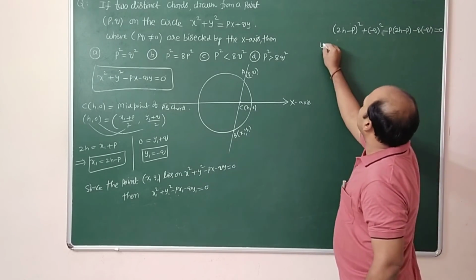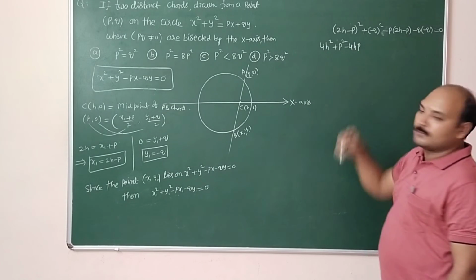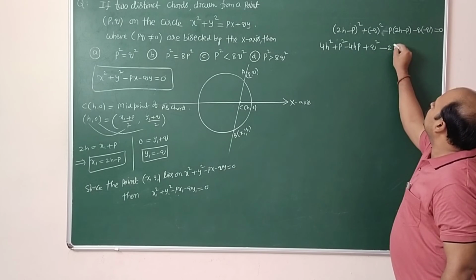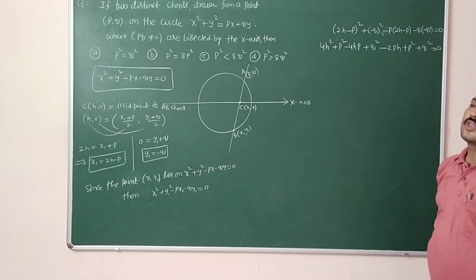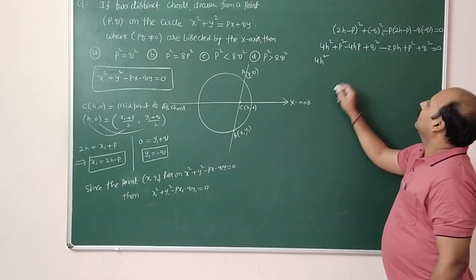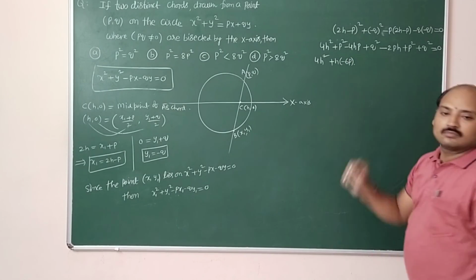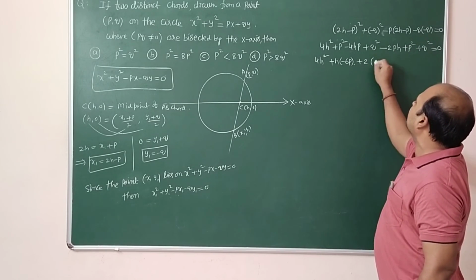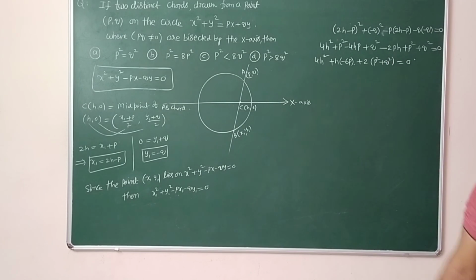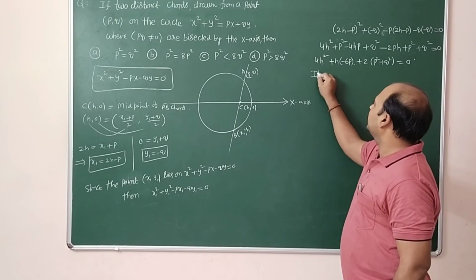Now 4h² + p² − 4hp + q² − 2ph + p² + q² = 0. So 4h², then −4hp − 2hp gives −6hp, so h times −6p. p² + p² is 2p², q² + q² is 2q², so 2(p² + q²). Now compare it with ah² + bh + c.